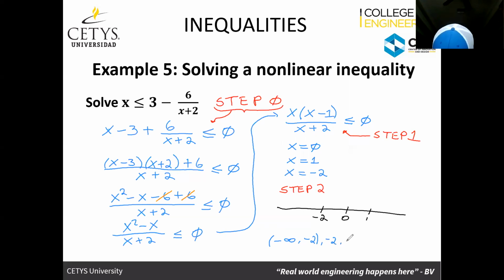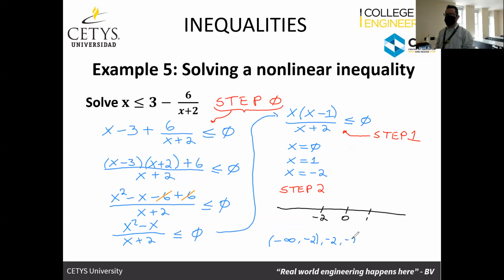Then we've got from -2 to 0. We've got the 0. We've got from 0 to 1.